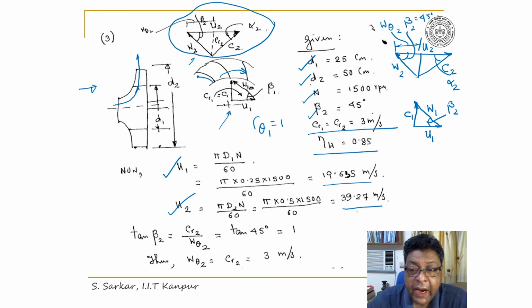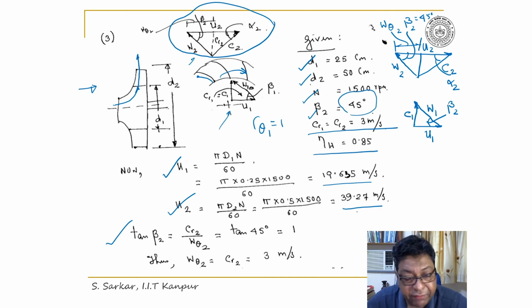Now, at exit, the value of beta 2 is given as 45 degree, right? So I can write from the exit velocity triangle, tan beta 2 is equal to CR2 divided by W theta 2. Here, this is CR2 and this is W theta 2.